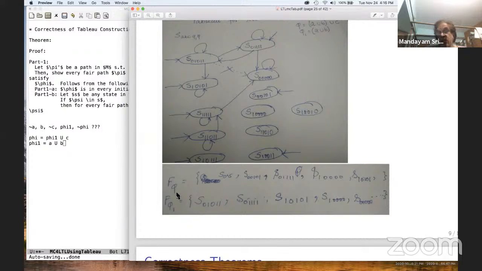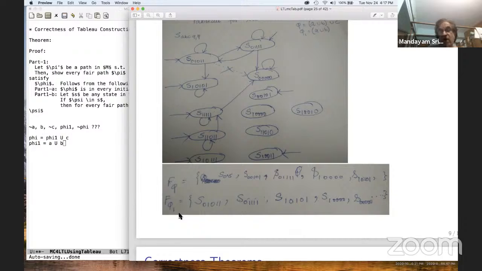So the fair paths are defined as one in which one of the states in Fphi and one of the states in Fphi 1, both of them will have to hold good infinitely often, in the sense that in a strongly connected component your prefix will eventually reach one of the states included in Fphi and one of the states included in Fphi 1.